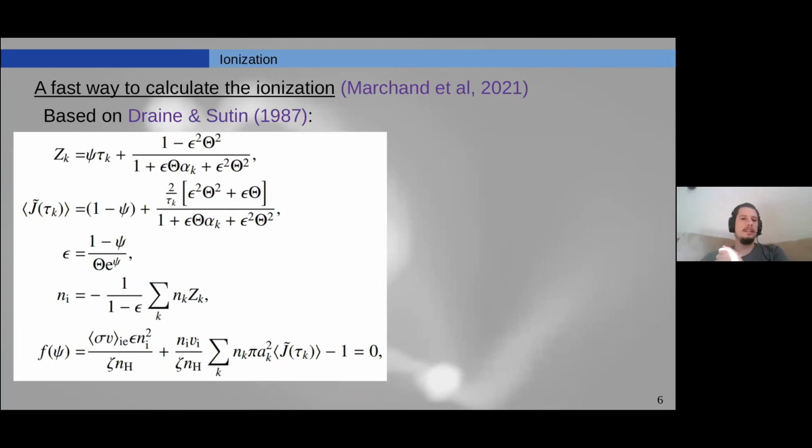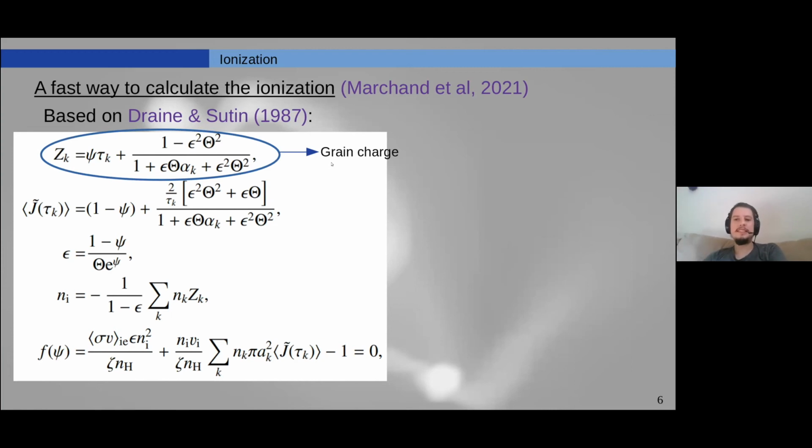Now, I mentioned non-ideal MHD, and so I've developed a second method to calculate the ionization, based on the model of Draine and Sutin that gives the electric charge of grains. So this is a set of equations, and here is an equation for the charge of grains.